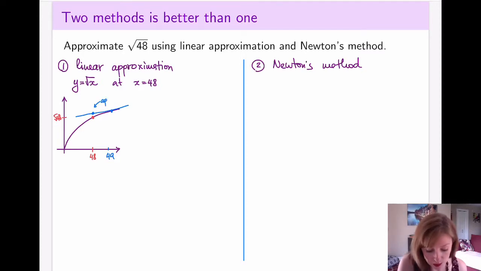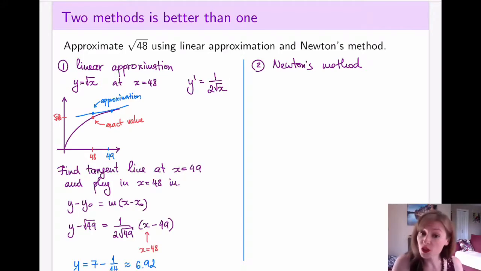So this is going to be my approximation here, whereas the corresponding point on the actual curve is the exact value. Okay, so now pause the video here for a second and write down the equation of the tangent line to the curve root x at 49, and then plug in x equals 48 into it here.